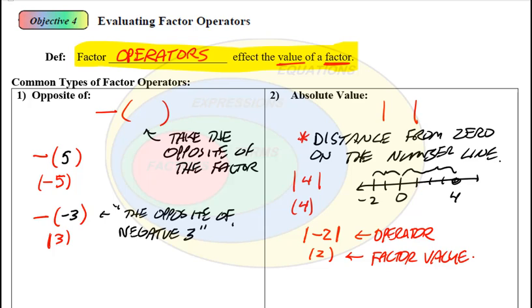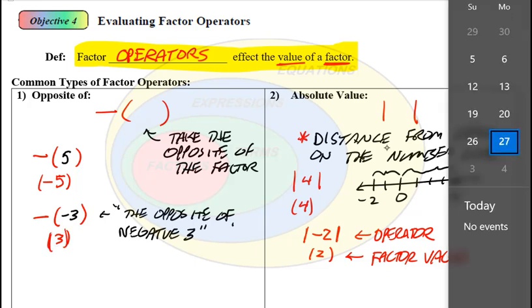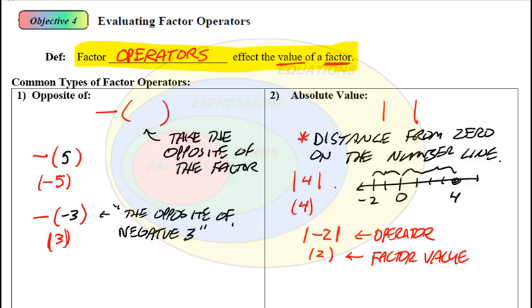So the opposite of -3, the factor value then is 3. Sometimes it changes it, sometimes it doesn't. The absolute value of a number, if it's positive, is just the same as the number. But these are operators that are changing the factor value.